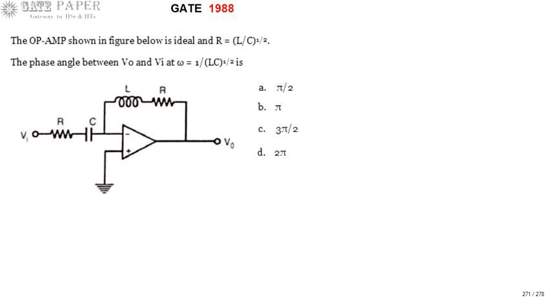Hello, we are discussing the GATE 1988 ECE paper, and this question is related to analog circuits. Look at the circuit diagram. This is an operational amplifier circuit.